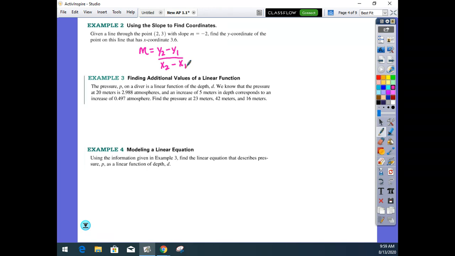We're looking for the y coordinate. We know the slope is -2. We're looking for y2 minus the y1 is 3, all over x2, 3.6 minus x1, 2.